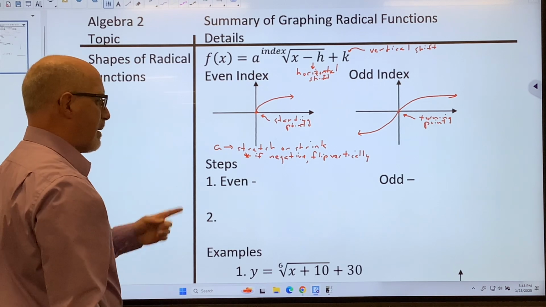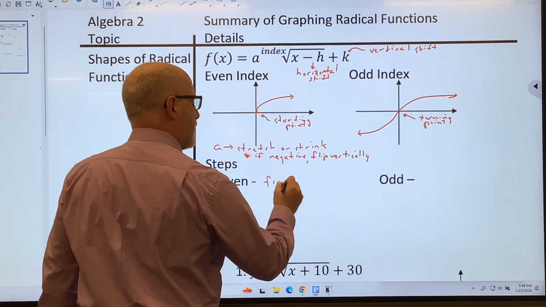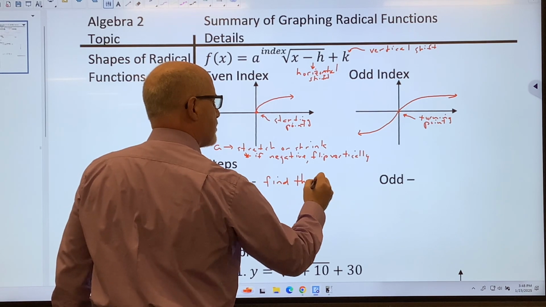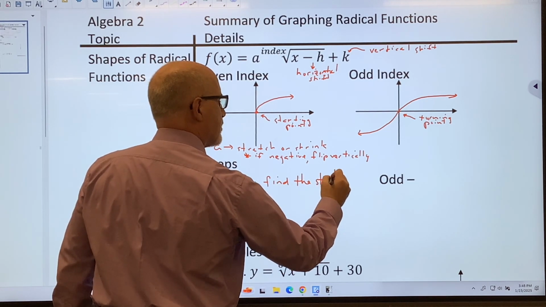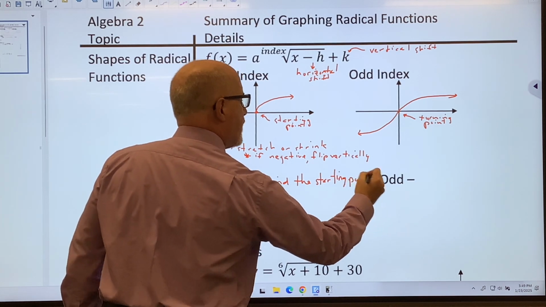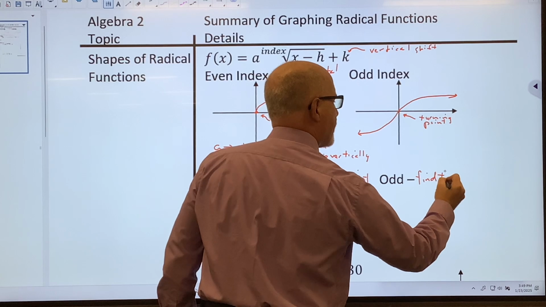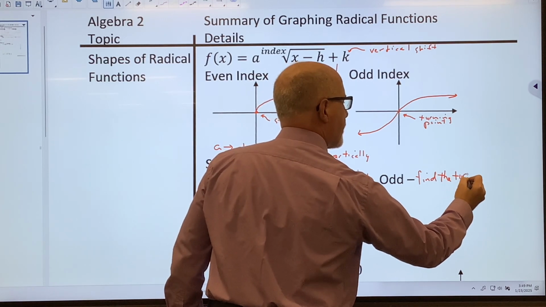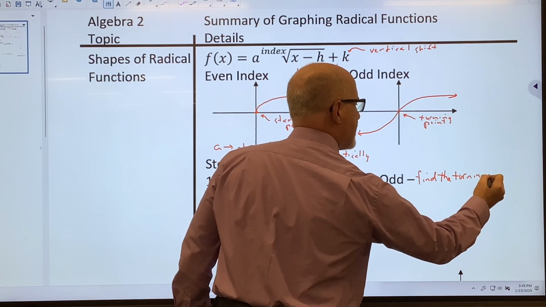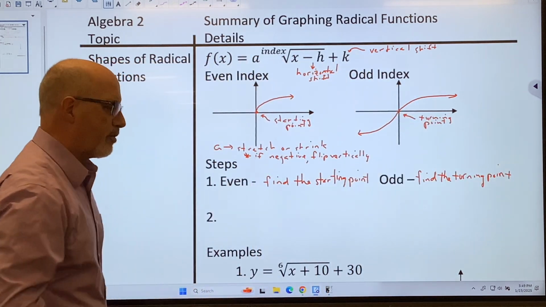All right, so your steps, the first step, if it's even, you find the starting point. And if it's odd, you find the turning point. That's all related to the h and the k up here in the general form.